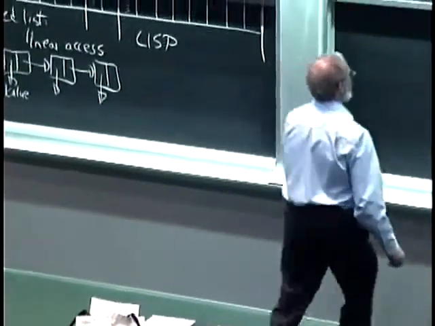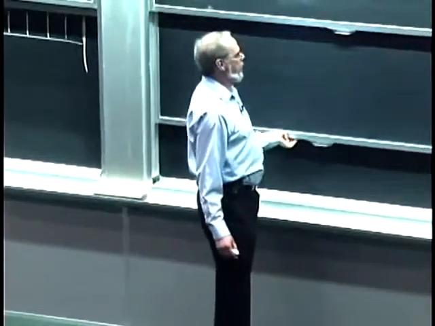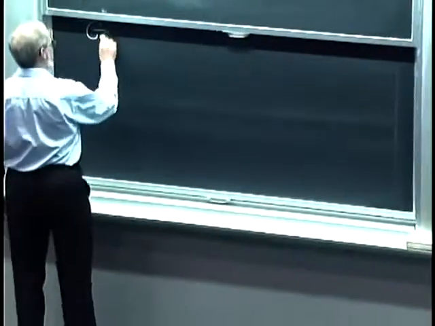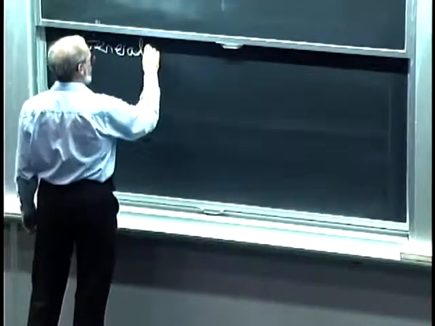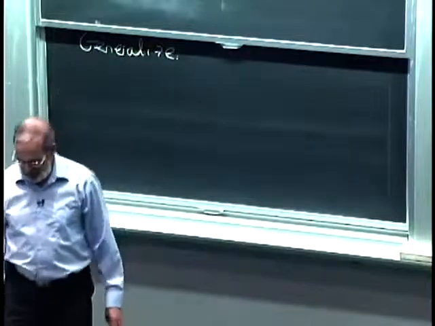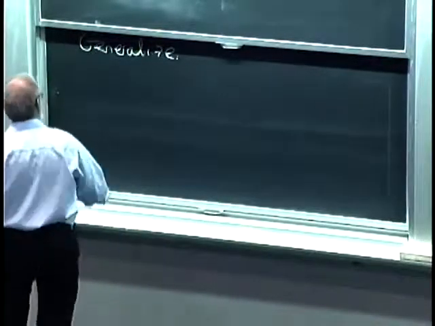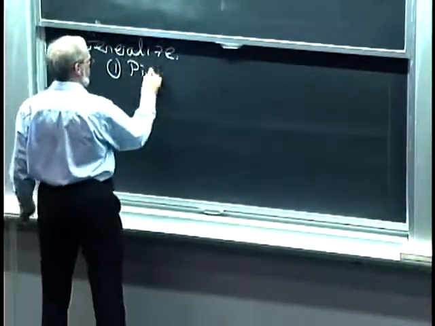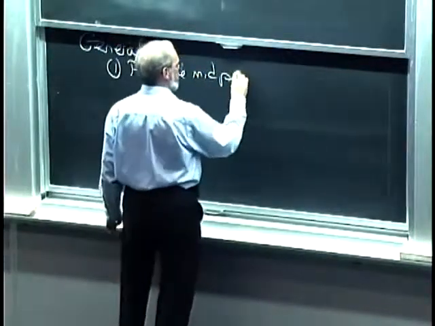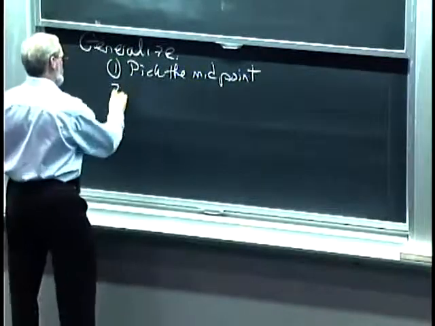Let's pull together what this algorithm actually does. If I generalize binary search, here's what I'm going to state that this thing does. It says 1. Pick the midpoint. 2.